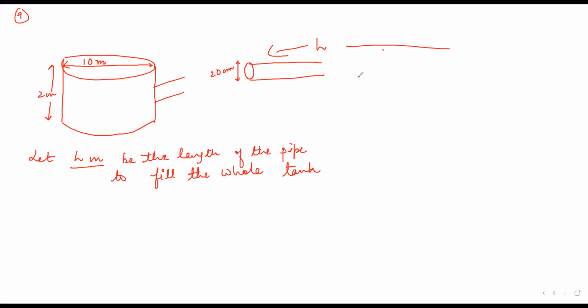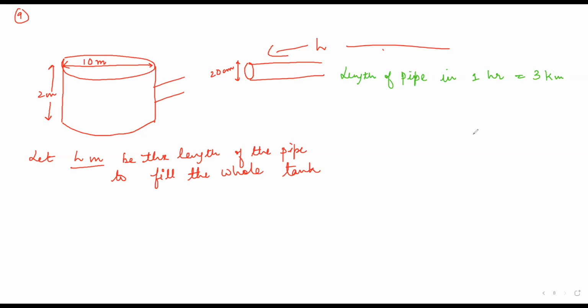Okay, let us just try, right? So if we can say that length of pipe, if water flows through the pipe at the rate of 3 kilometer per hour, so length of pipe in 1 hour is actually 3 kilometer, right? Am I right?